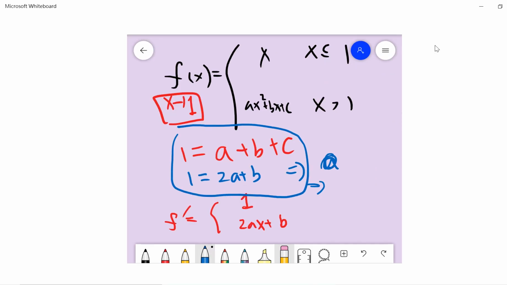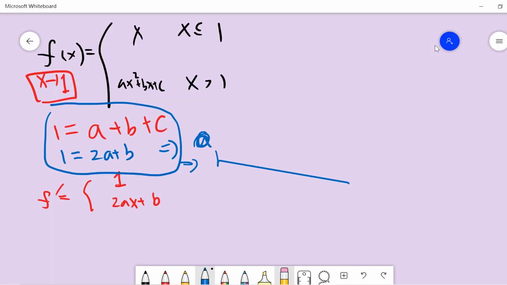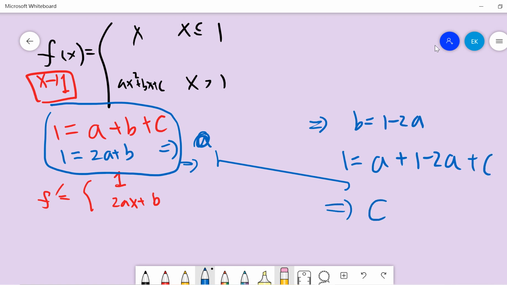From this one we have b equals 1 minus 2a, and then 1 equals a plus 1 minus 2a plus c. This tells you that c equals a. So the point can be written as (a, 1 minus 2a, a). This is the triple (a, b, c).